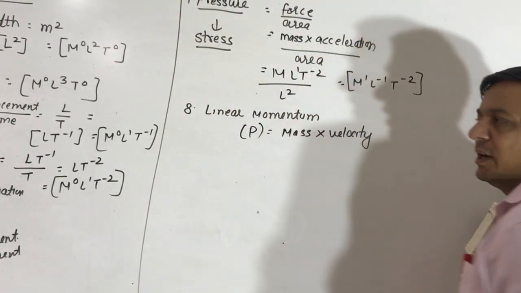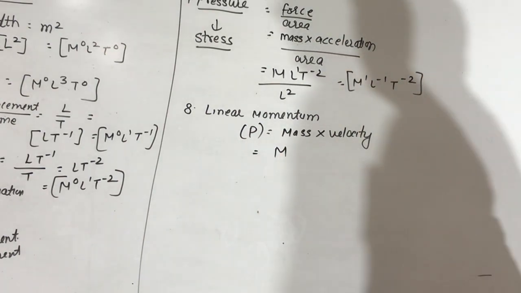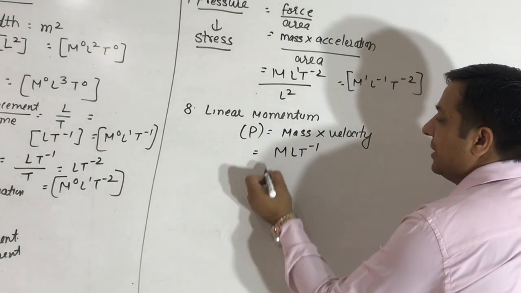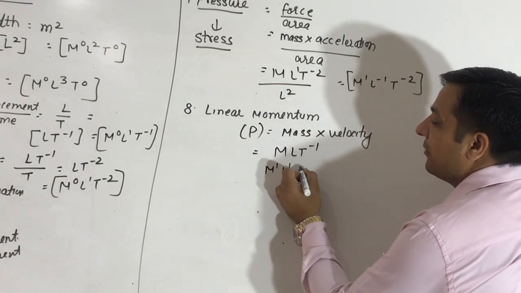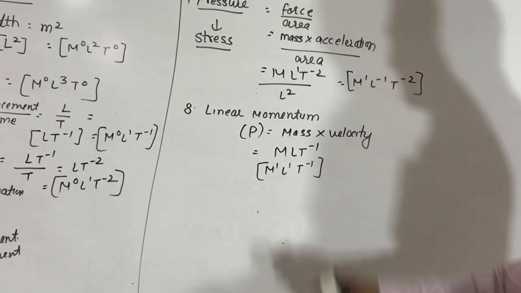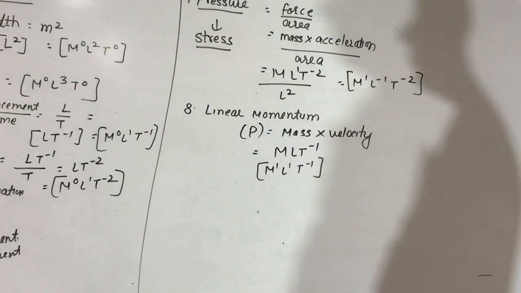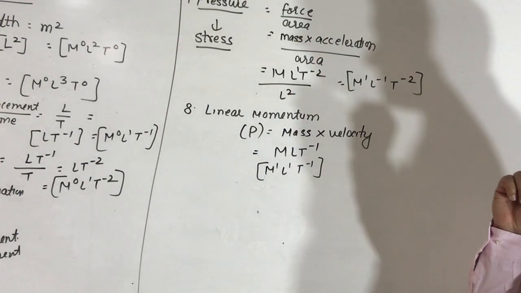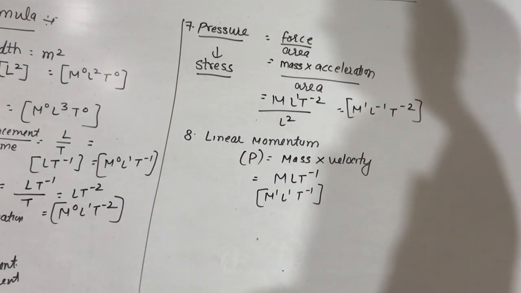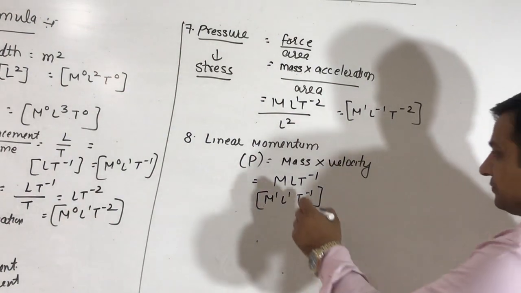Mass into velocity: for mass M, for velocity LT^-1, and the dimensional formula is M1 L1 T^-1. What is the dimensional formula of linear momentum? P is equal to mv, mass into velocity. For mass M, for velocity LT^-1. This is another important formula, of linear momentum.